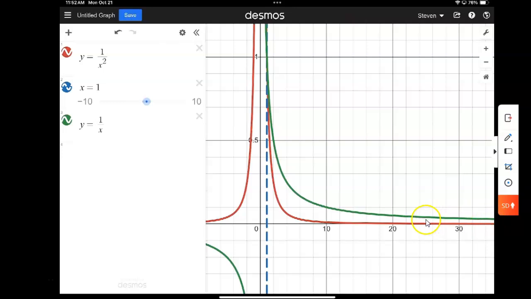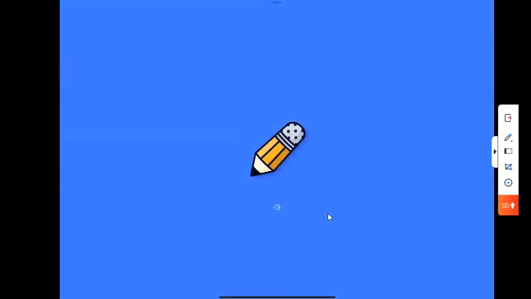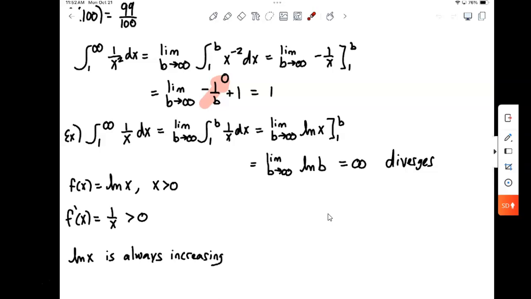It's approaching 0, but it's not getting close quick enough. And that leaves an area that will continue to grow, albeit very, very slowly. But it will continue to grow, whereas the 1 over x squared one has closed the gap quick enough that we actually have a finite amount.